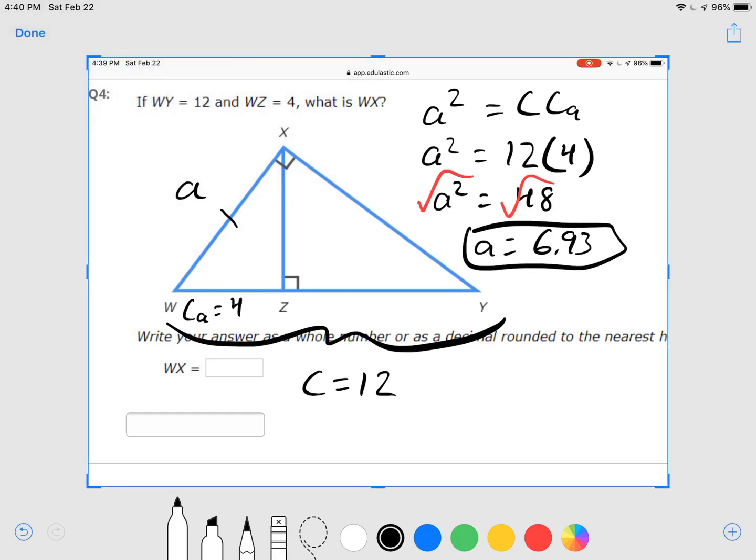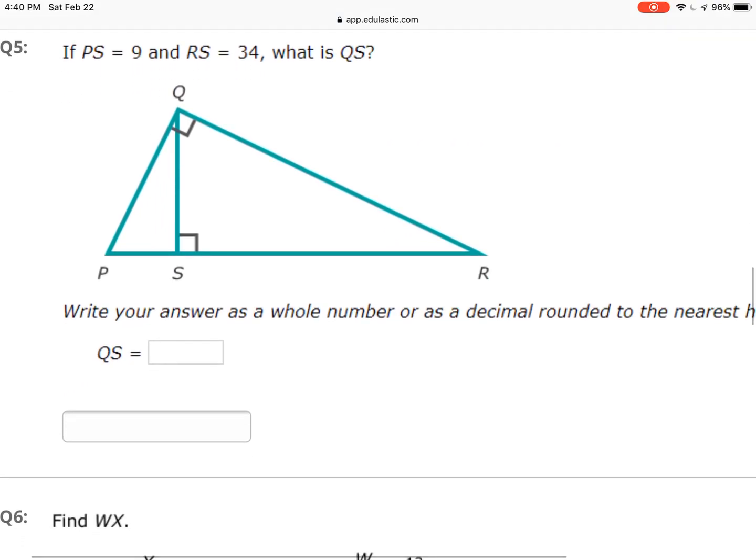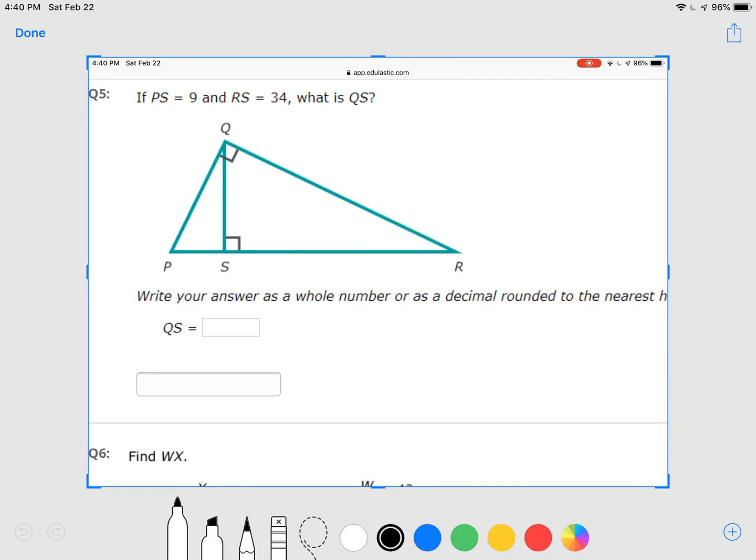Okay, next question. Number 5. They gave us PS, which is 9. We'll call this side A, so this will be CA. RS, which is this part, is 34. That's not the entire bottom. So this side will be B, and this will be CB down here. And they're looking for QS, which is the height.